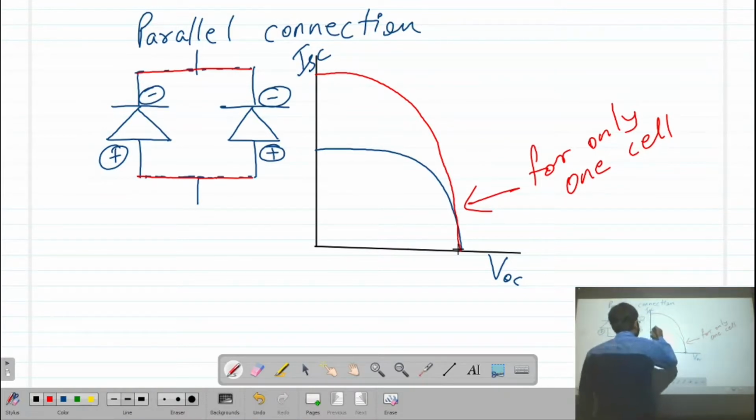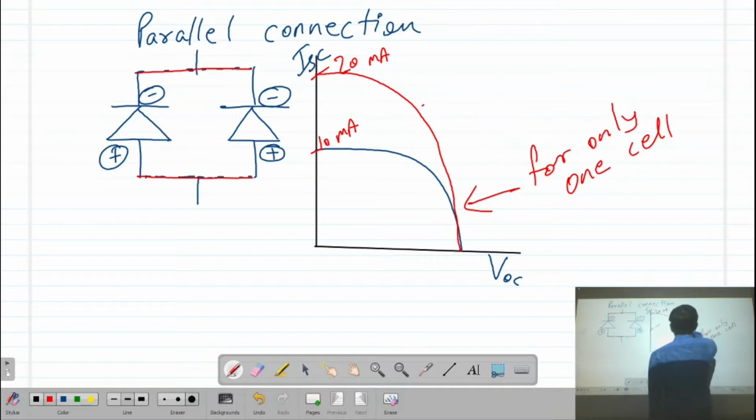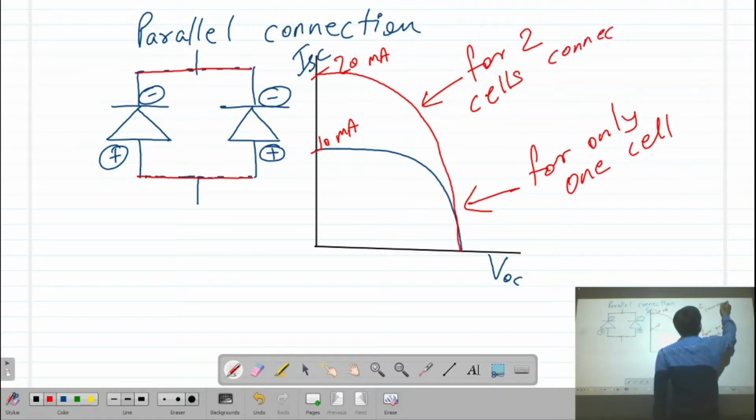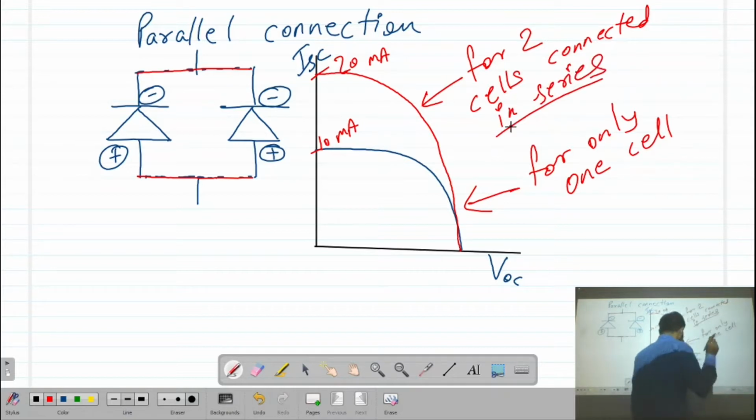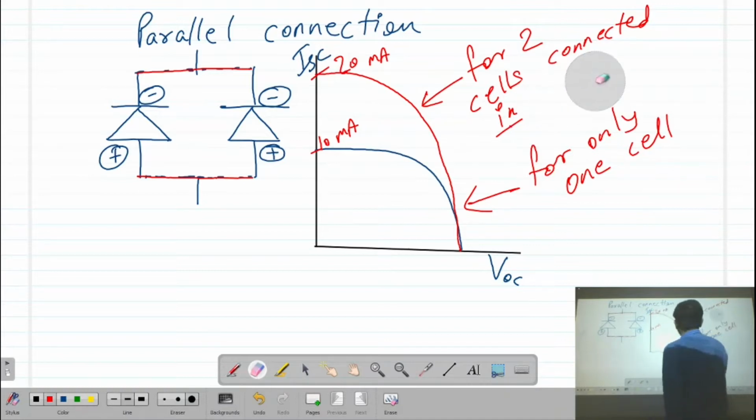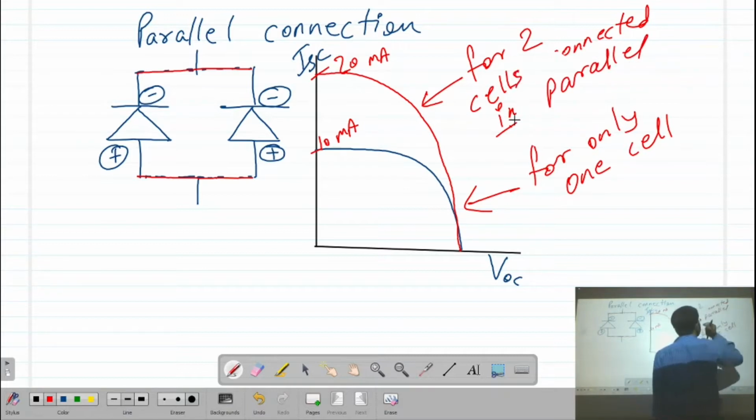If the initial value was, let us say, 10 milliampere, then the final value for two cells connected in parallel will be 20 milliampere.